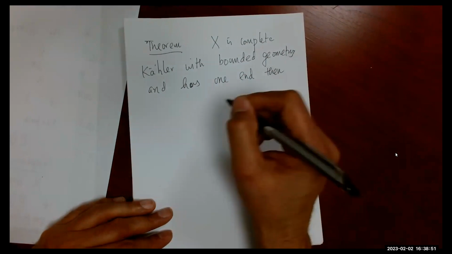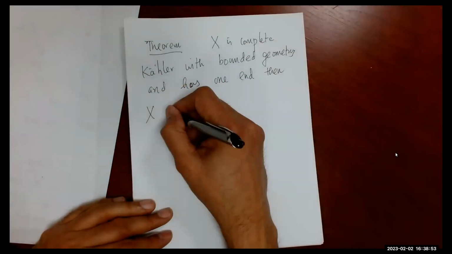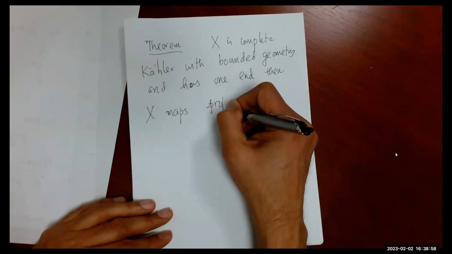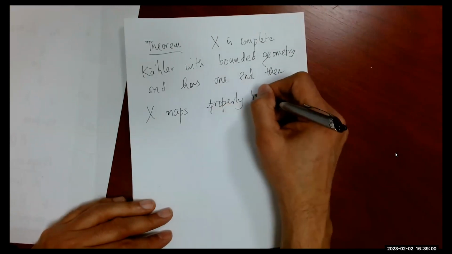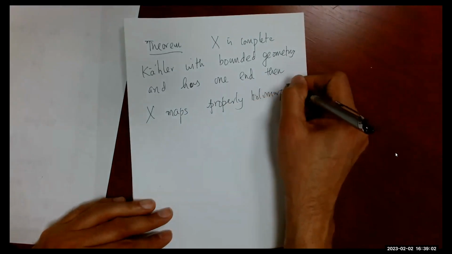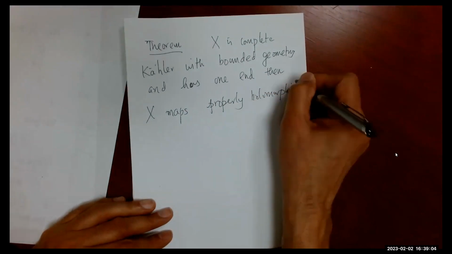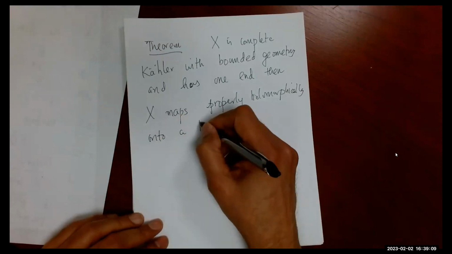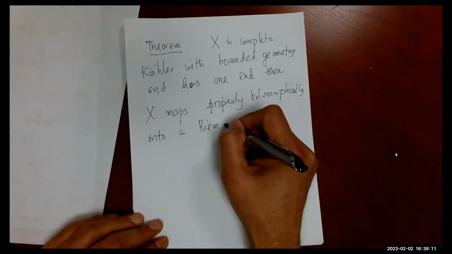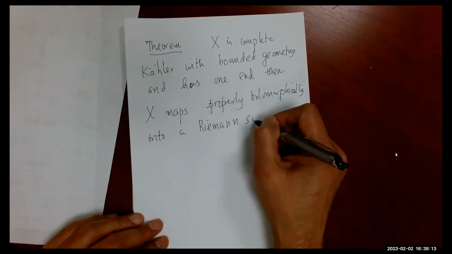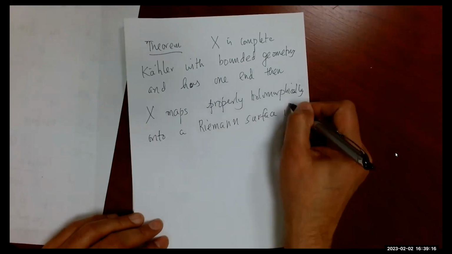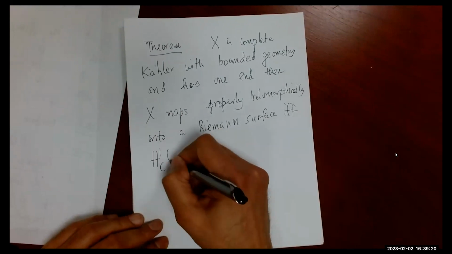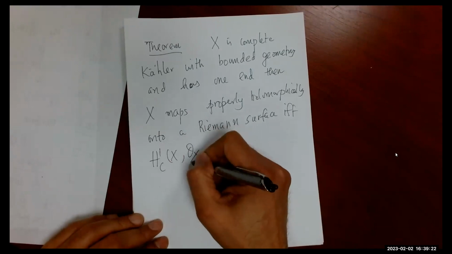Then X maps properly holomorphically onto a Riemann surface if and only if this is not zero.